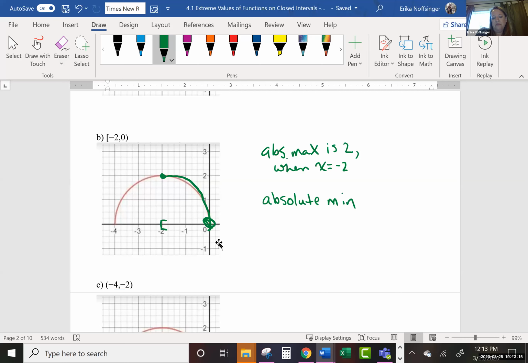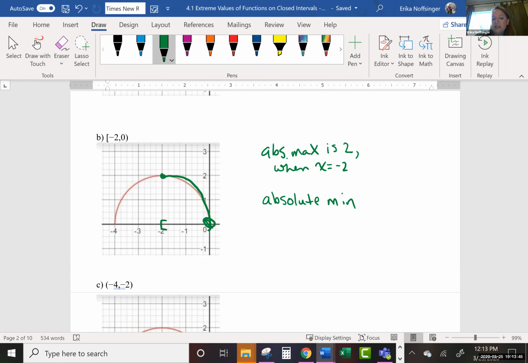I could say, what about -0.01? That could give me a really small value. But you can always get closer and closer to 0. This is kind of our reasoning of limits. We can always get closer and closer to 0 on the left.